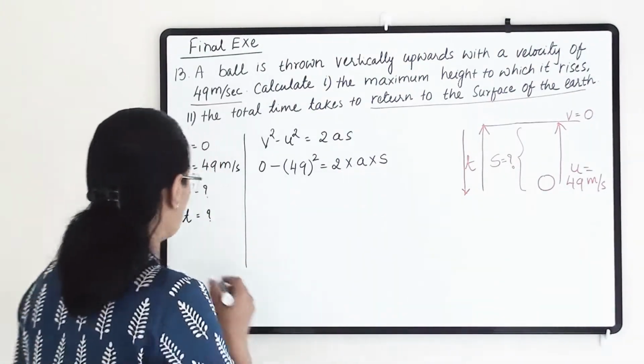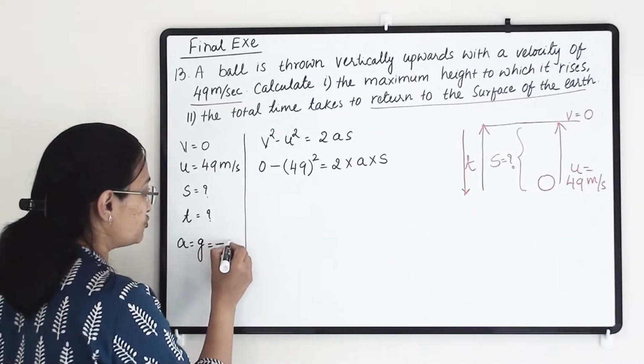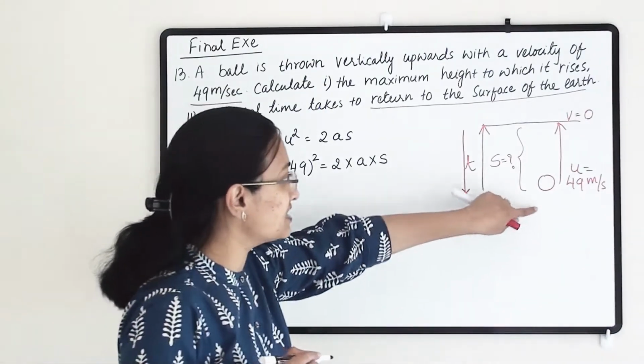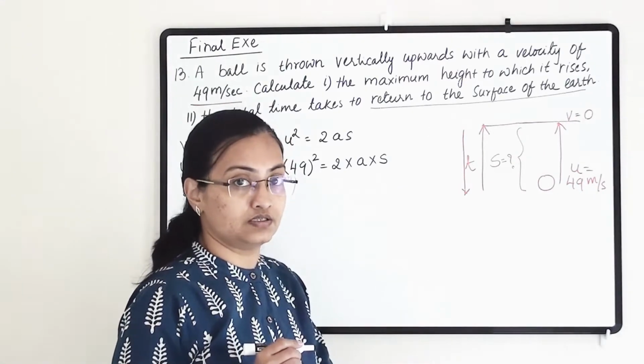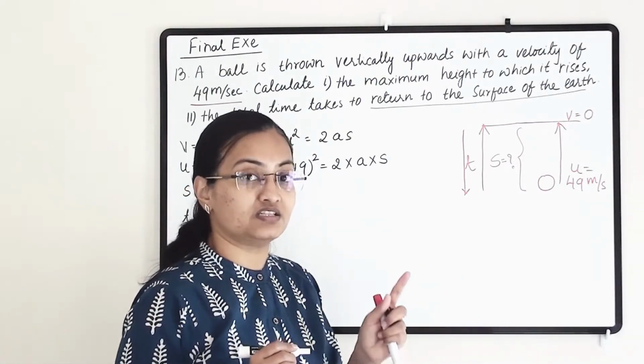So a equals g, and here this is going to be minus 9.8 because this is against gravity. Anything which is falling towards the earth gets acceleration 9.8, that is positive.